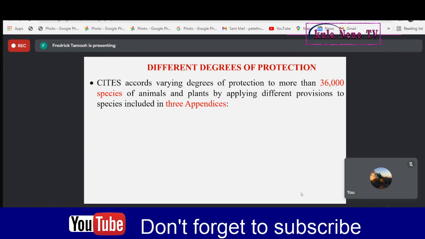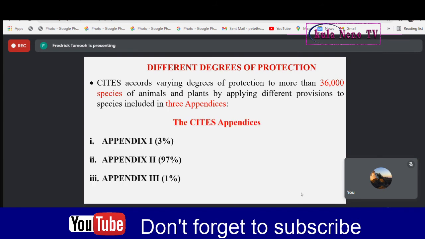CITES accords varying degrees of protection to all these species, including both animals and plants. So we have Appendix 1, Appendix 2, and Appendix 3. In Appendix 1, out of all those 6,000 species, only 3% qualify to be in the appendix.